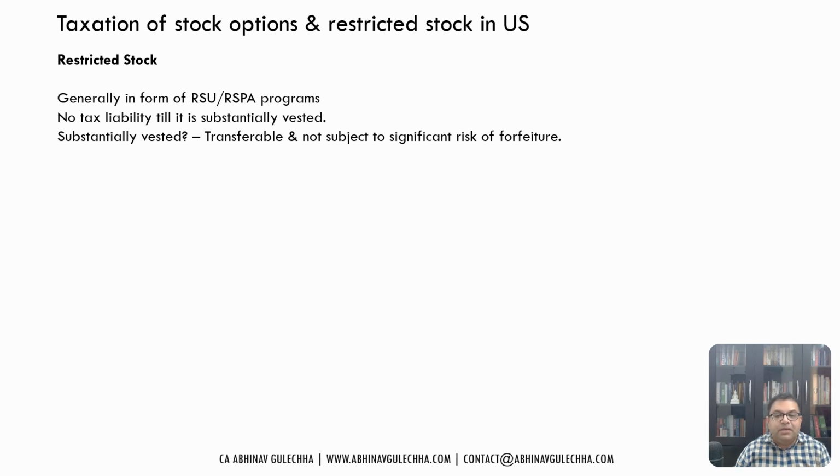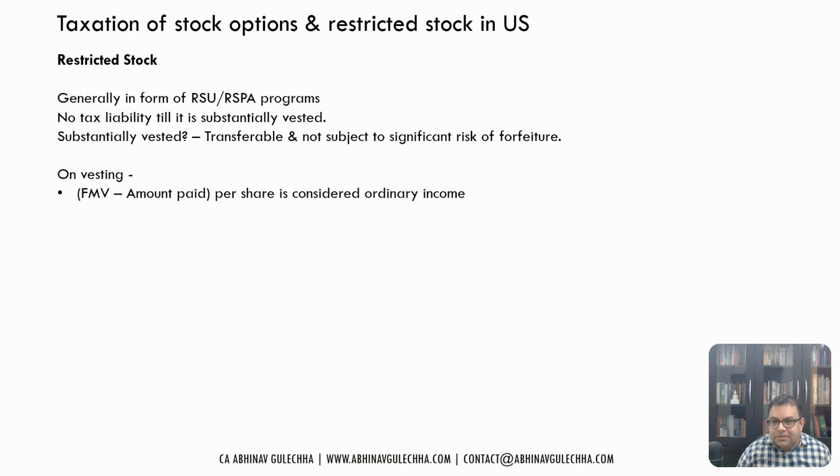That means even if the company has given you 1 lakh RSUs, if you are terminated or if you leave the company, they may forfeit. But at one point where there is no restriction on transfer and no significant risk of forfeiture, it is considered substantially vested, and the tax liability arises.